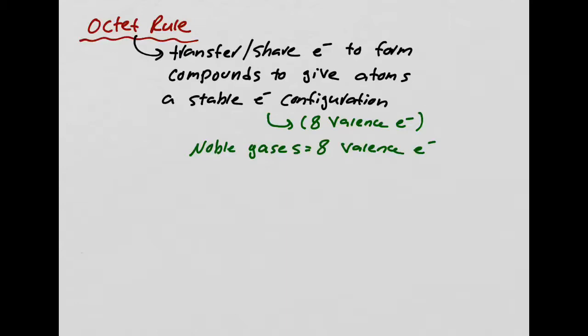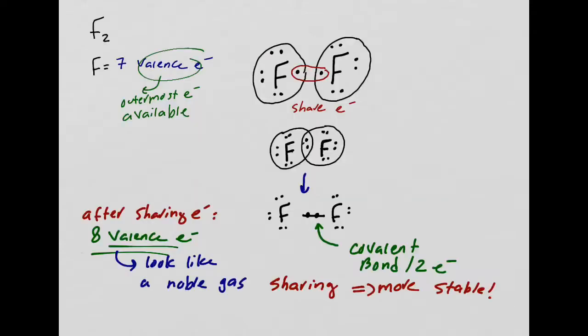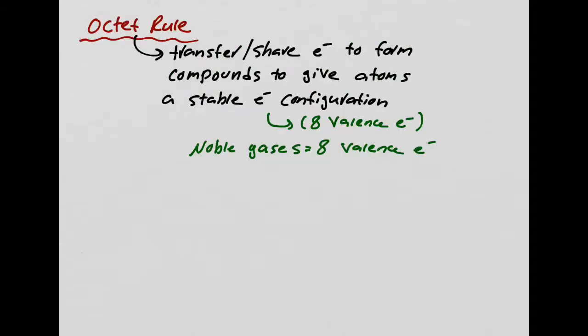They form compounds by transferring or sharing electrons so they would have a more stable electron configuration, and a more stable electron configuration is when you have 8 valence electrons. You saw it over here that the Fs form a covalent compound, they shared an electron, so each one would have 8 valence electrons and be more stable. We call that the Octet Rule, right? Octa is 8. Everyone wants to get to 8.